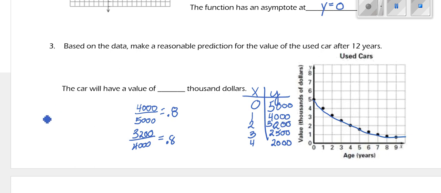So I'm going to begin to write my function f of x. My initial value is 5,000. My growth rate is 0.8. And I want to know 12 years, so I'm going to type in that information into my calculator.